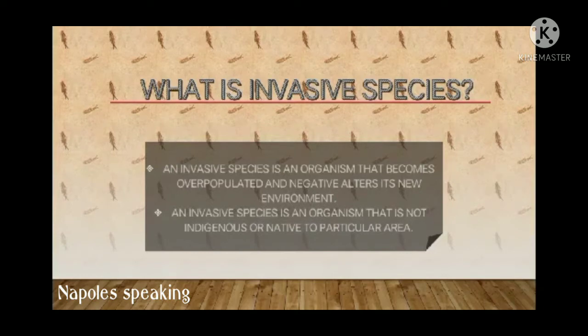So when we say invasive species, these are species that tend to spread prolifically and undesirably, and can be harmful to our environment. So invasive species adversely cause ecological, environmental, and/or economic damage.